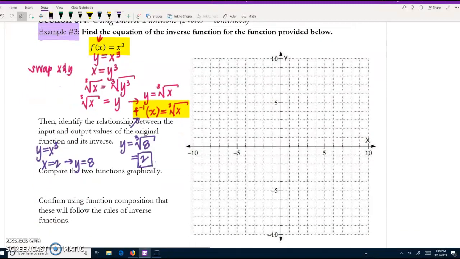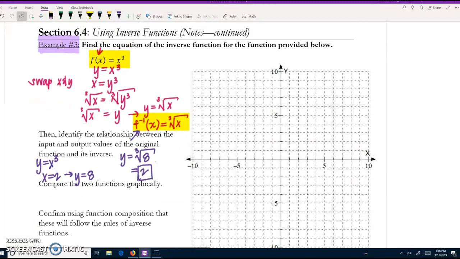Now we want to compare the two functions graphically. So my first function is x cubed. And what I would recommend is just picking a few points to plug in and get the y values out. So for instance, let's plug in -2, -1, 0, 1, and 2 for x cubed.